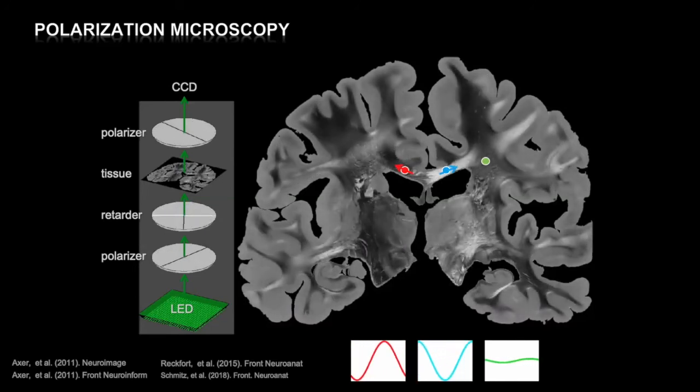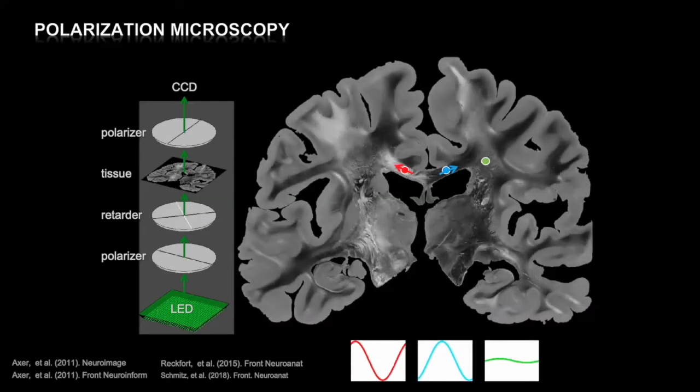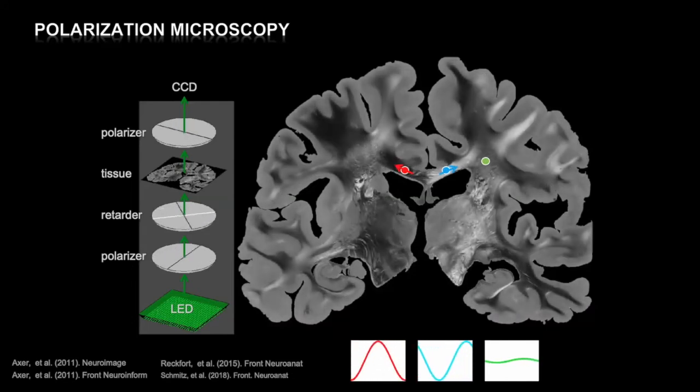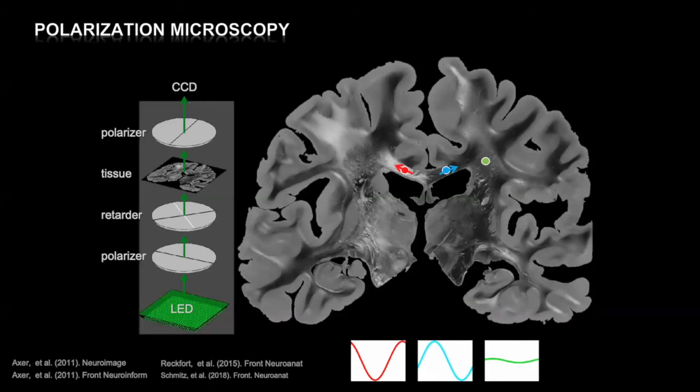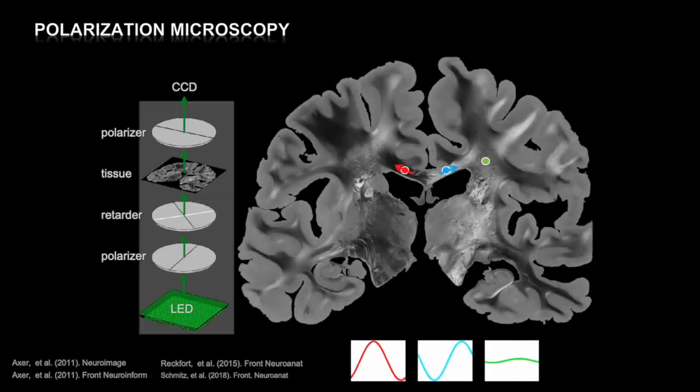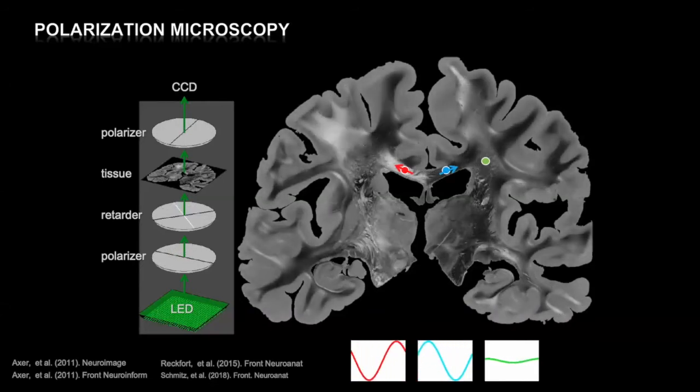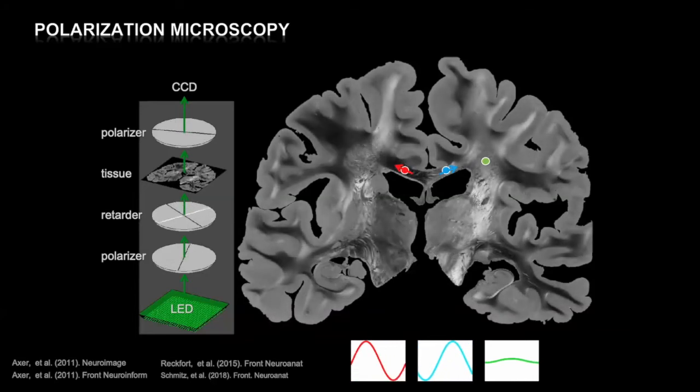And these amplitudes and/or phases give us information about the local 3D orientation of the birefringent structures, which are the fibers.